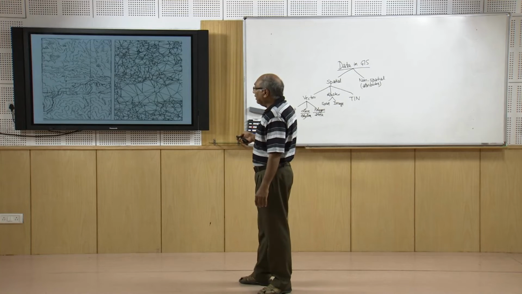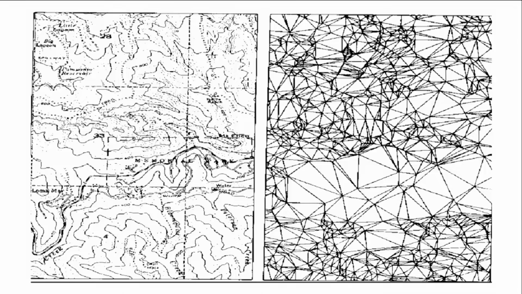Here the data for an area is represented through contours. That is a discrete representation through vector data. But if I have to represent the same terrain through a TIN model, then this is how it will appear. And what you see is that wherever we are seeing less concentration of contours, that means the contour lines are sparse at a little larger distance compared to other places, in this part you are seeing the large triangles.